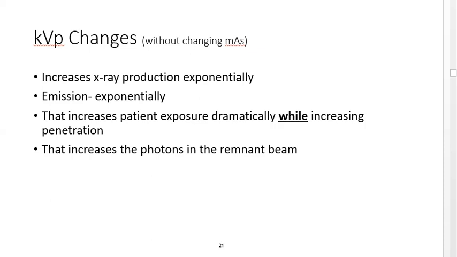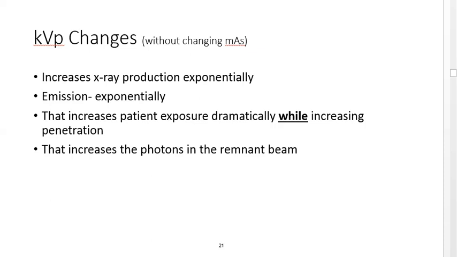It might not go up by double, but it's going to go up pretty dramatically. So the high KVP techniques being safer for the patient comes with the understanding that you're going to reduce the mass. So just KVP changes without changing mass will increase patient exposure pretty dramatically.